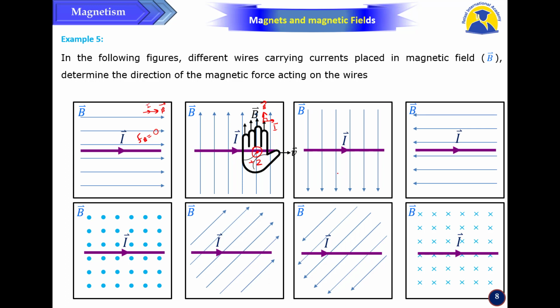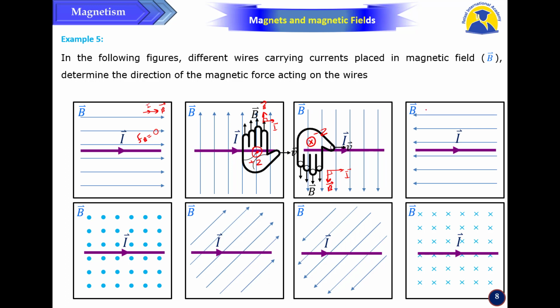In the third case, the direction of magnetic field is negative Y. The direction of current is to the right. The angle is 90 degrees. To know the direction of the magnetic force, we use our right hand. So it will be inside the page. Inside the page means X or negative Z.